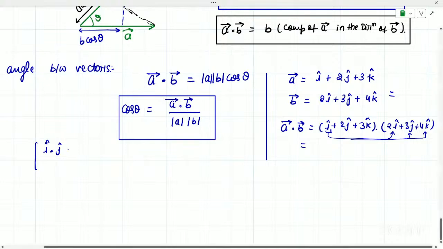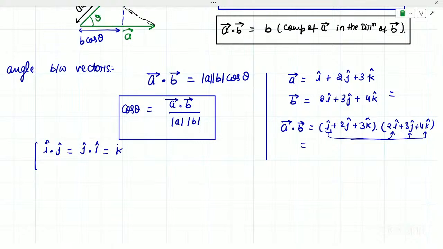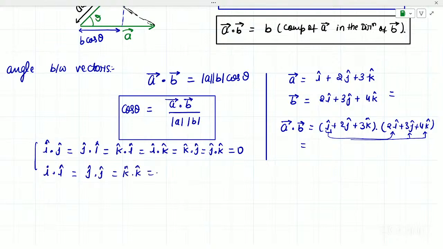You can say i dot j is equal to j dot i is equal to k dot i is equal to i dot k is equal to k dot j is equal to j dot k is equal to 0. So this is the first point. But when i multiplies with i, j with j, and k with k cap, it will give you 1, because the angle between them is 0, and cos 0 is 1. So these are the two important notes you can take here.